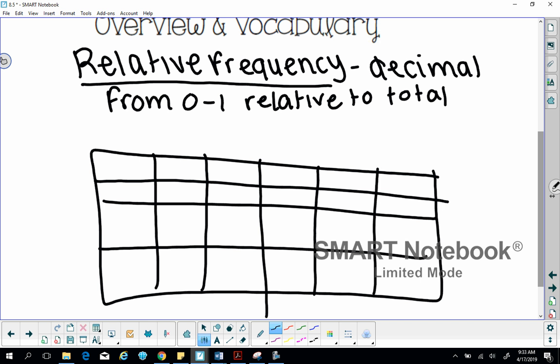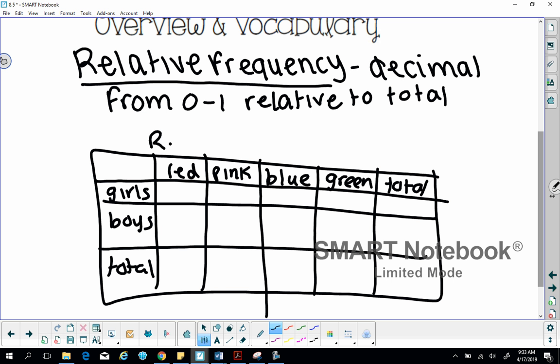And so we're just copying the table. So it said red, pink, doesn't need to be beautiful. Red, pink, blue, green. Total. Girls, boys, total. So it doesn't need to be beautiful. This is going to be your relative frequency one.